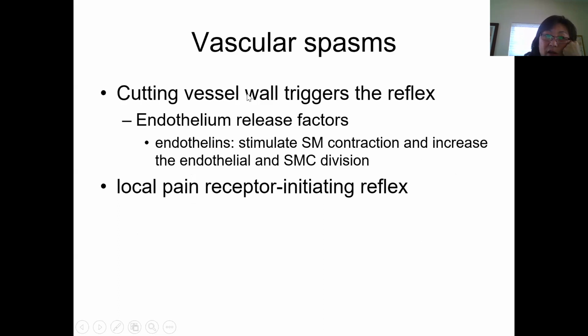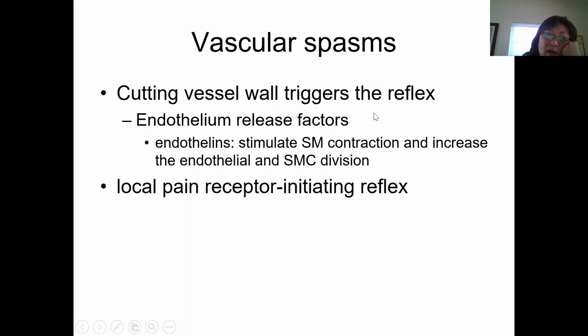Okay, when the vessel wall is damaged, it's going to trigger a reaction. This reaction comes from the release of chemicals from the smooth muscle cells around the vessel wall, and also from the lining cells.